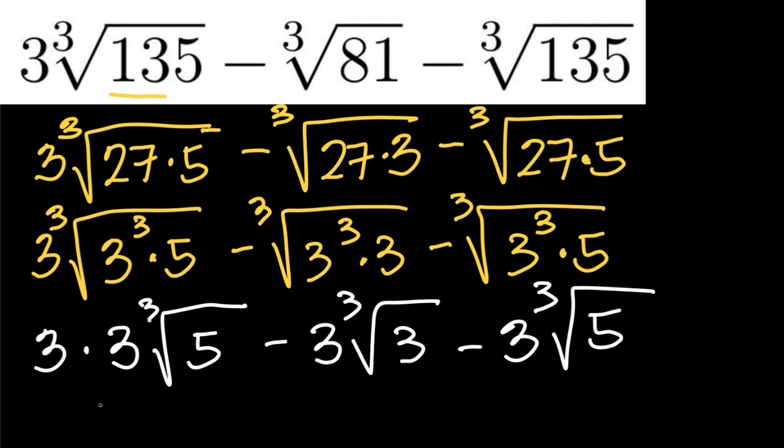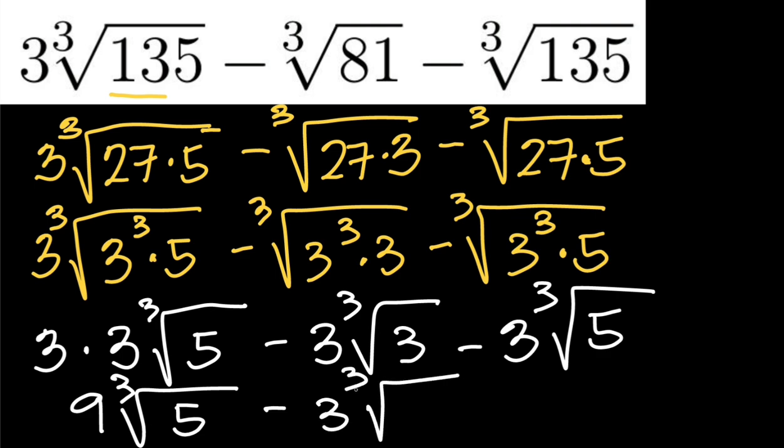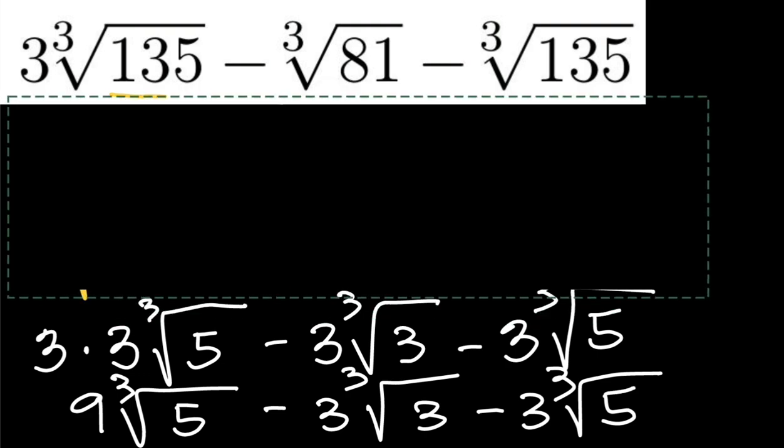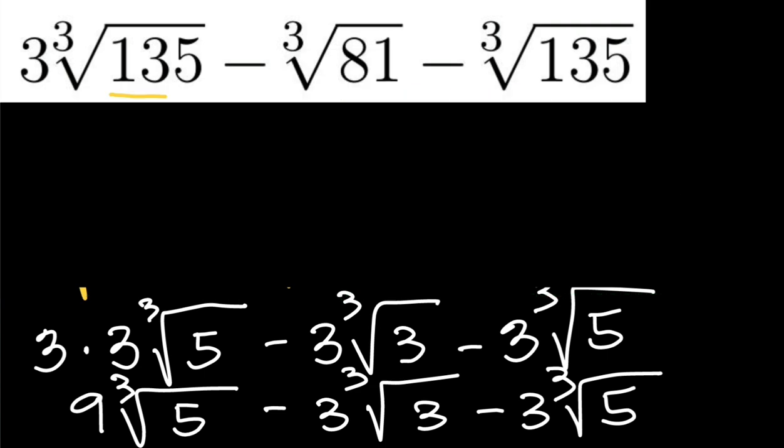Then we simplify. So this is just 9 cube root of 5 minus 3 cube root of 3 minus 3 cube root of 5. And now we can group like terms. 9 cube root of 5 goes with negative 3 cube root of 5, so we can just subtract the coefficients.